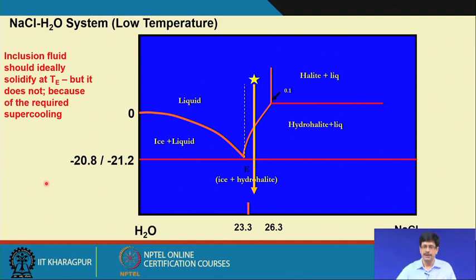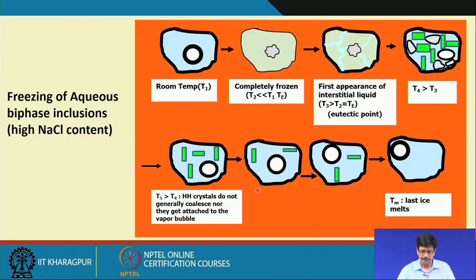This one is just the extension of considering the binary in a region where it is sodium chloride rich, beyond the eutectic composition. So, if the composition is somewhere here, the similar thing will happen. We have to supercool it to a much lower temperature than the eutectic, and here the behavior will be a little different.